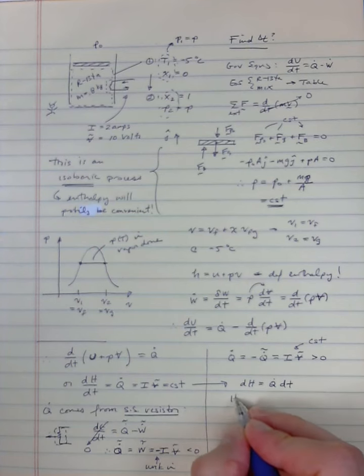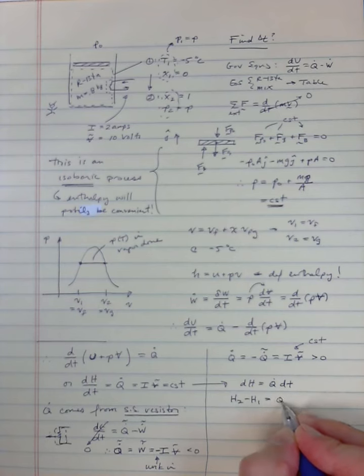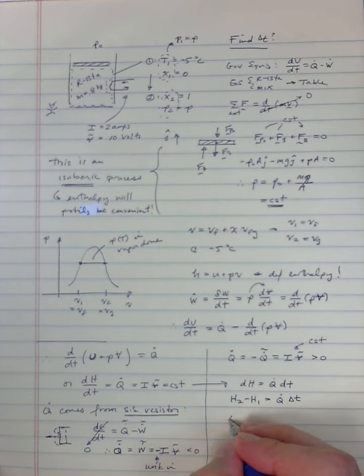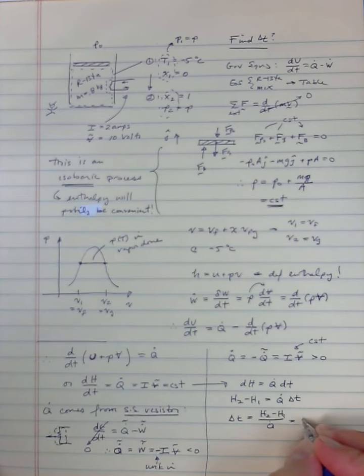Integrate once, I'm going to get that H2 minus H1 equals Q dot times T2 minus T1, which is just delta T. So in this problem, I have that delta T is going to be equal to H2 minus H1 over Q dot. That's going to be equal to M times H2 minus H1 over Q dot.